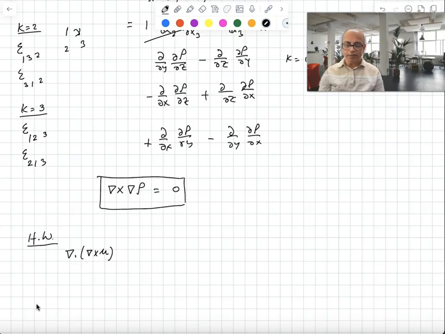Perhaps you know divergence of a curl is 0. I'm going to leave it with you to use tensor notation, and hopefully you will be able to do that, and I will stop here.